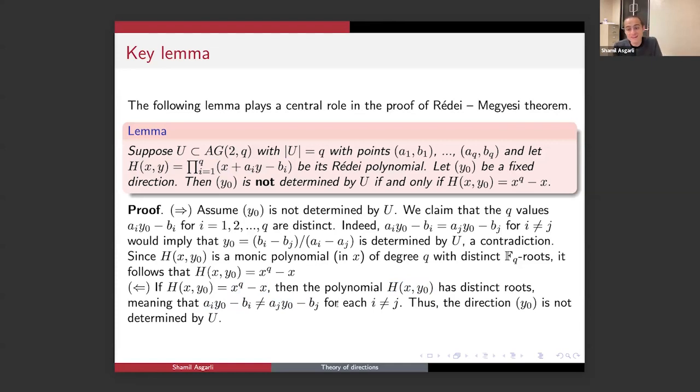And therefore, y0 is not determined by U, because being determined by U means that y0 is a quotient of this kind. But being a quotient of this kind is equivalent to saying that ai y0 minus bi is equal to aj y0 minus bj. So that shows that the result is true, the lemma is true.